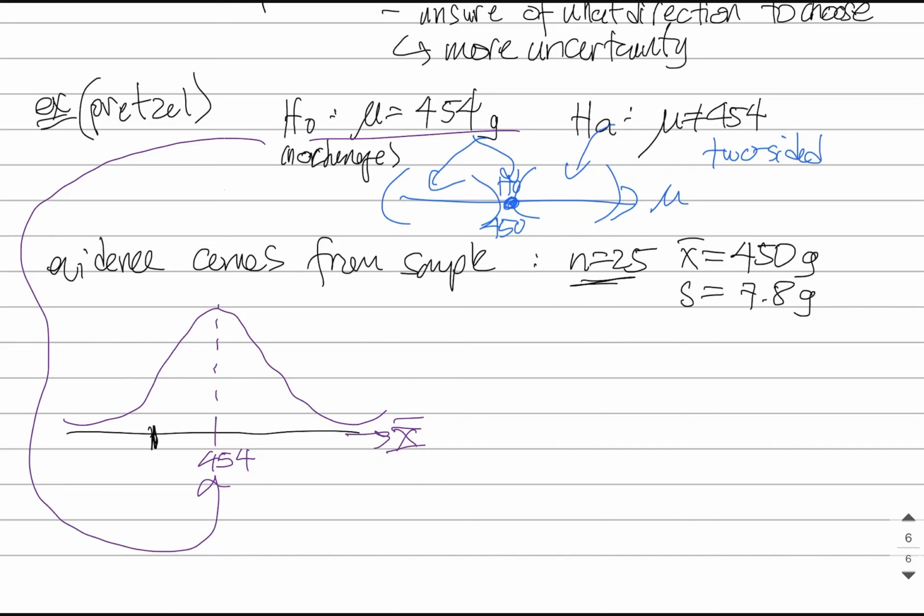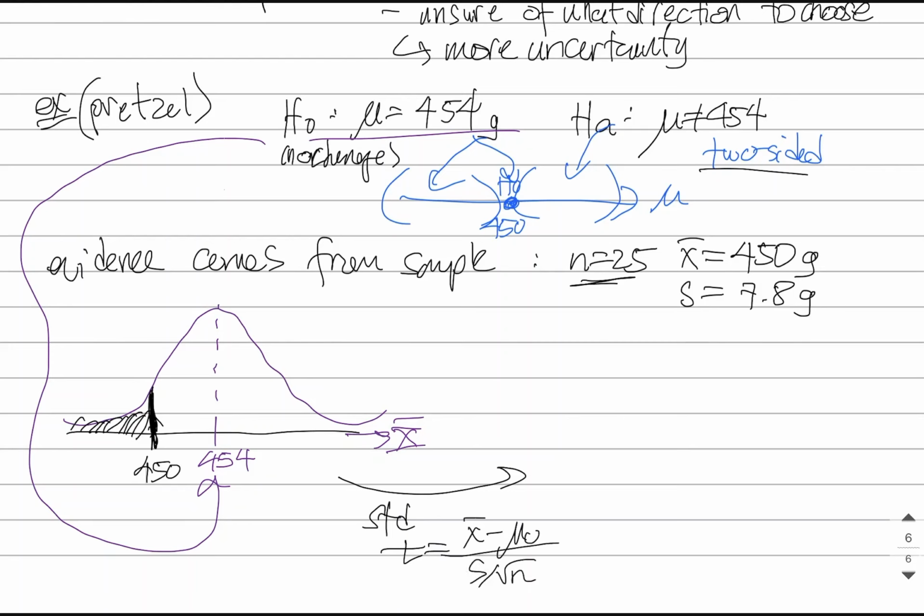Now, you took a sample and you found a sample average of 450. Because this is to the left of the center, we are going to end up having to calculate a left area. But the uncertainty of the two-sidedness will come into play in just a moment. So we will standardize this as a standard t variable problem. Once again, the null hypothesis talks to the problem by setting the middle.